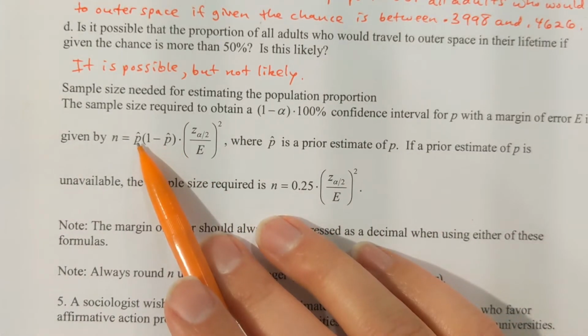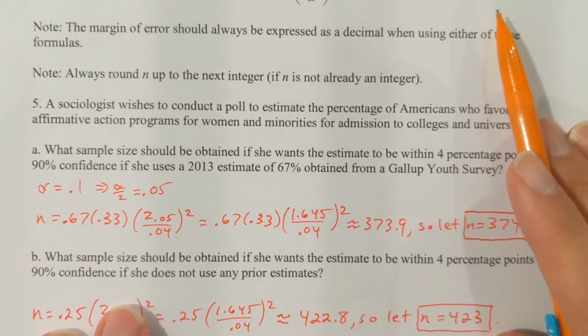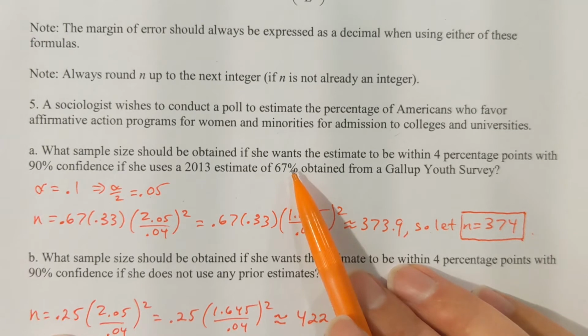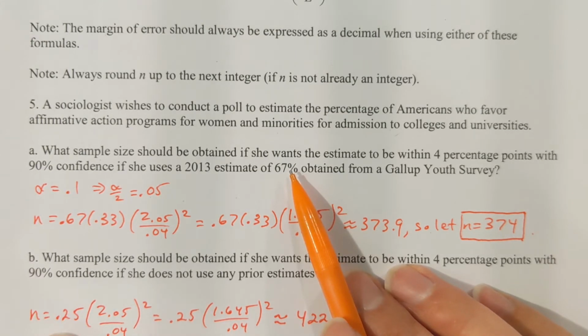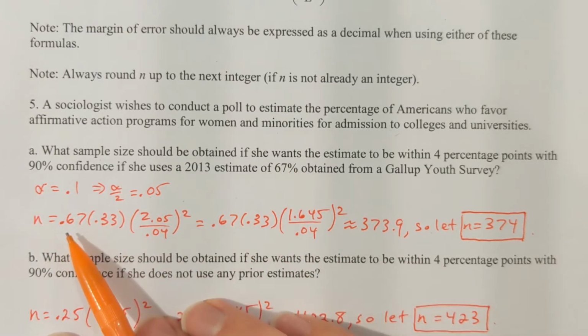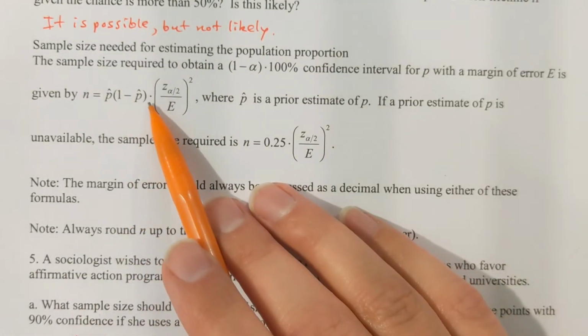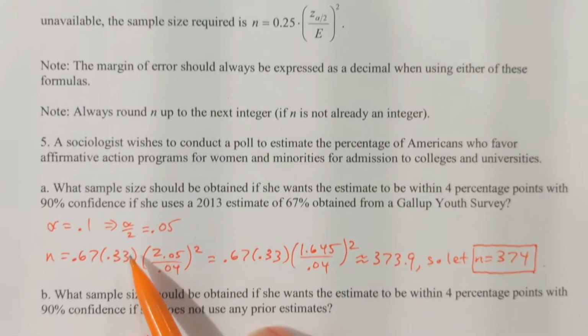P hat is the prior estimate, so Gallup did the same thing in 2013. She's going to use that information. 67% said that they were in favor of affirmative action programs, and so the P hat value would be 0.67. 1 minus 0.67 would be 0.33.